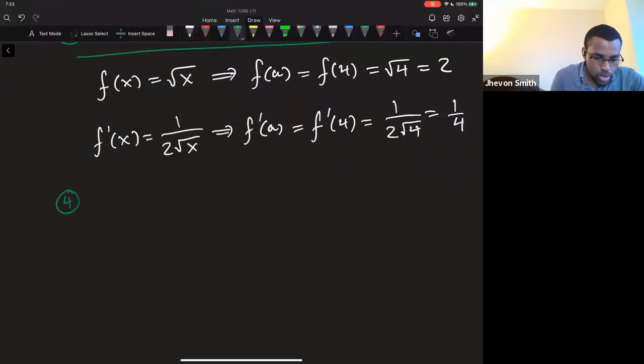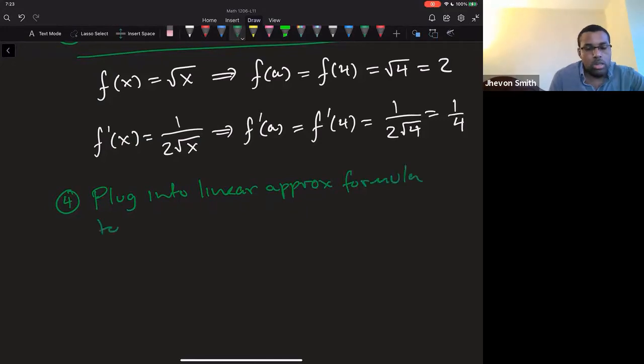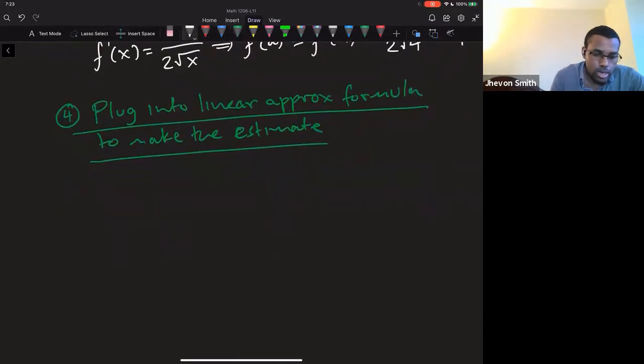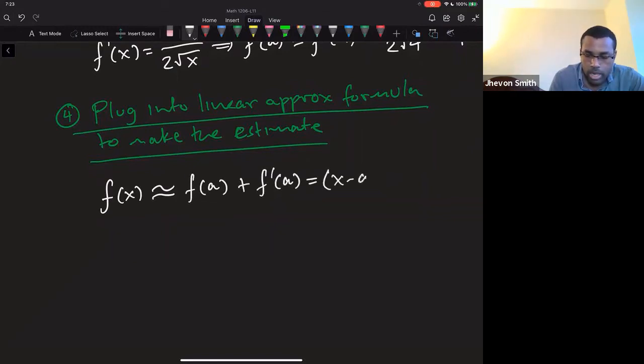Then finally, what you're going to do is plug into the linear approximation formula to make the estimate. So we know that f of x is approximately equal to f of a plus f prime of a evaluated at x minus a.